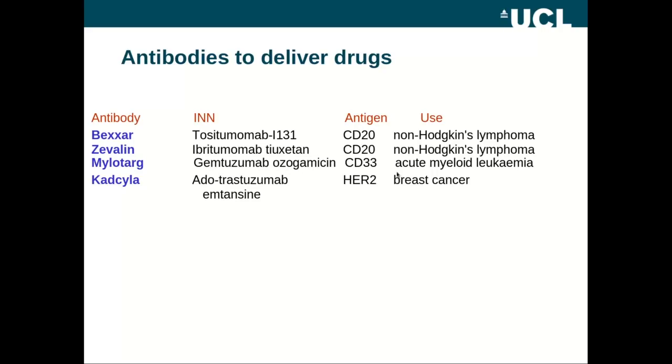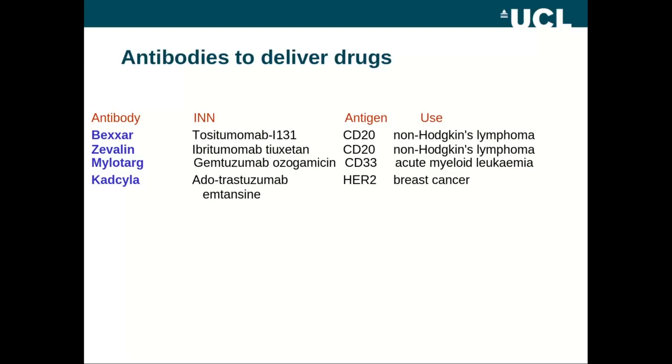It's used in acute myeloid leukemia and again is an ADC where you've got ozogamicin as the drug molecule coupled to gemtuzumab. And this one's an interesting one, which was licensed, as I recall, early in 2018 and approved by NICE for use under NHS prescribing.